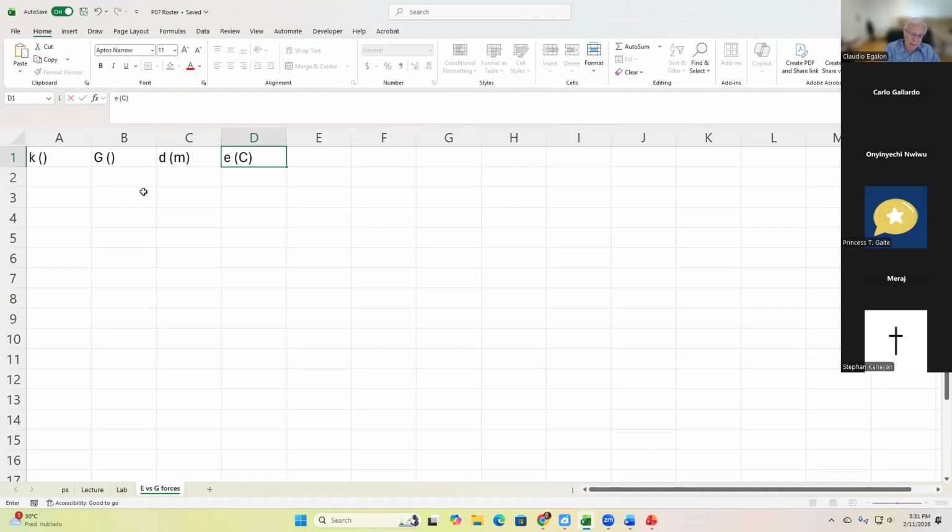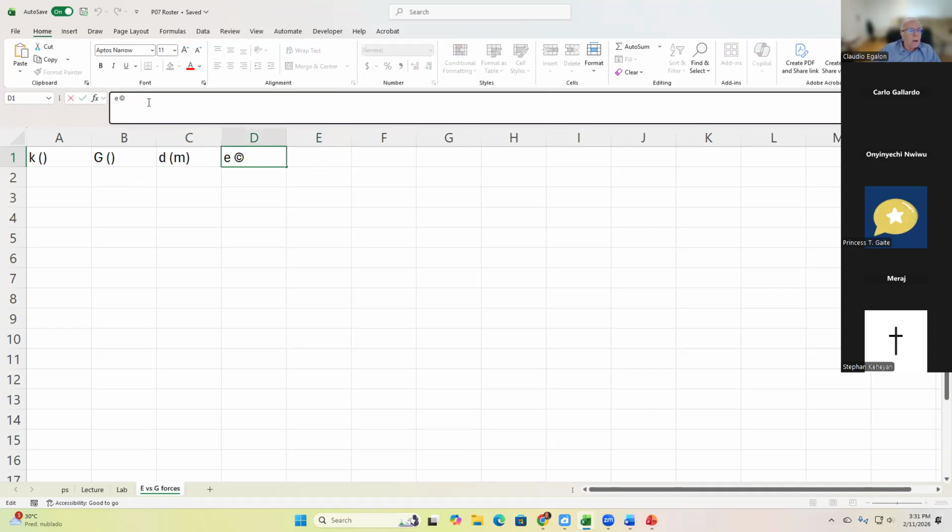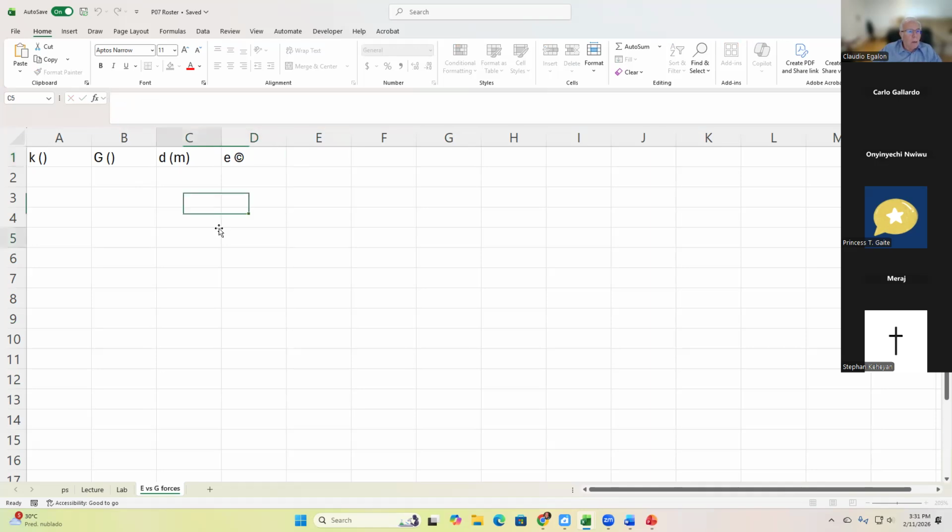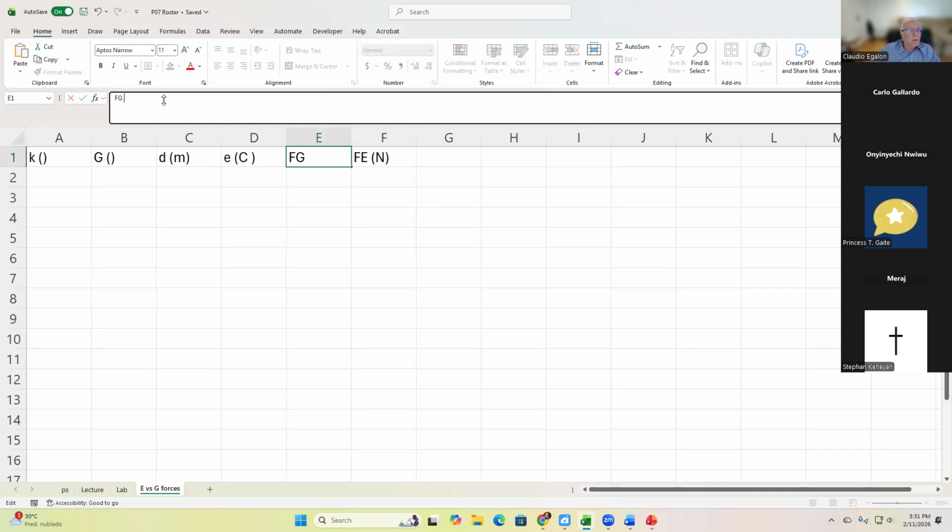It just happened that one is negative, the other positive. And then we are going to have the gravitational force and the electric force. In both cases, the unit is going to be the Newton.